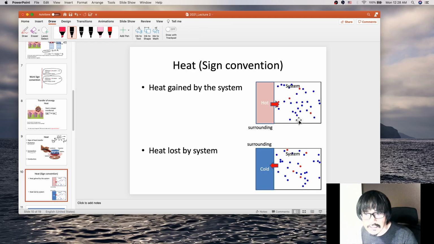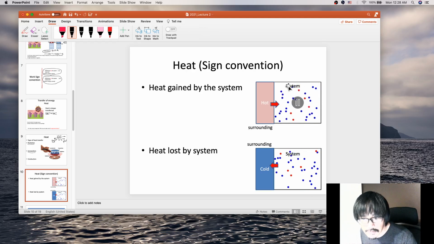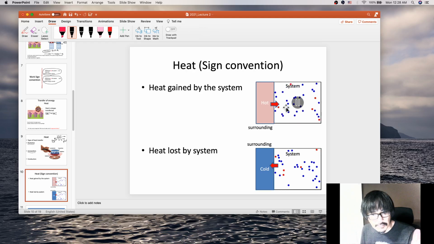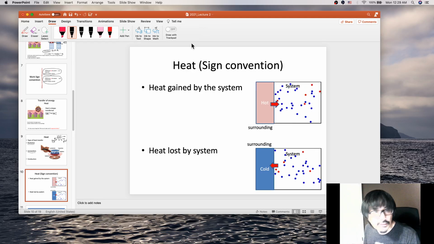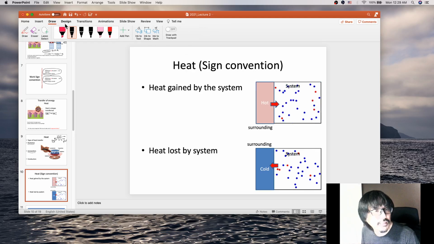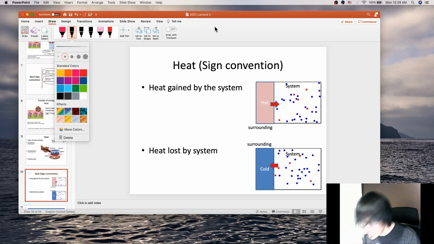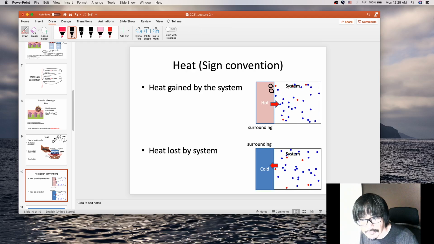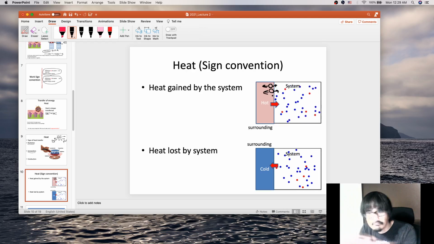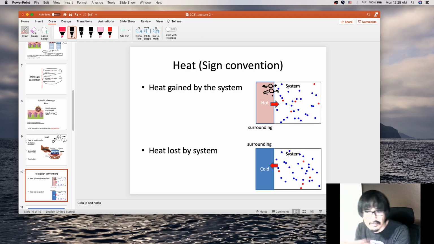Alright, so let's just say that that system is a gas, and then we put a hot plate on the left. All of this hot plate contains molecules moving super fast, left to right, right?